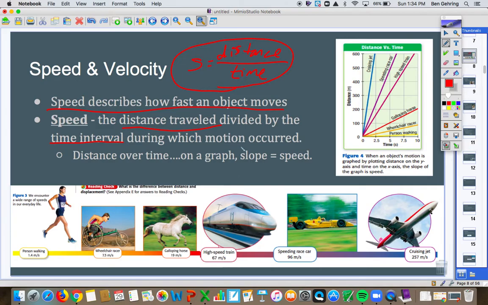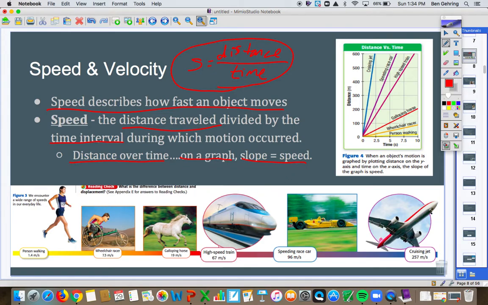In a couple videos, I'm going to talk about graphing motion. But on a graph, if we graph distance versus time, we can find the slope of this line and we can calculate the speed. So the slope of a line on a distance versus time graph is equal to the average speed of that object.